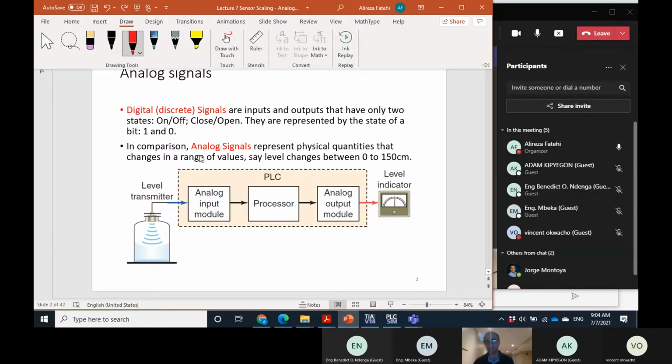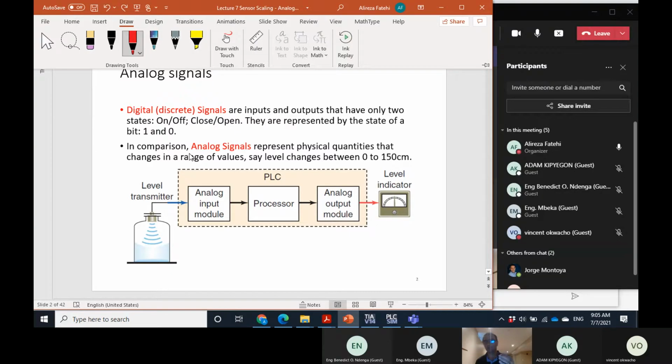But an analog signal is a signal that changes in a range. Its value is not just two numbers. For example, the level of a tank or the temperature of a room changes in a range. We want to know how much it is, not just whether the temperature is high or not high.